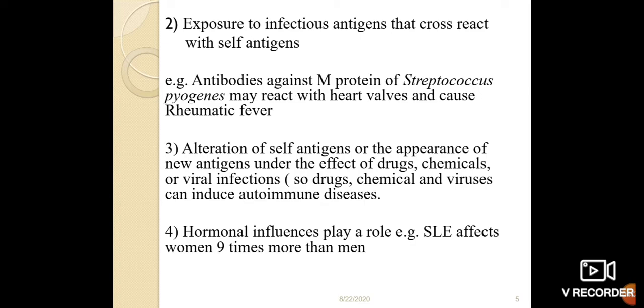This confuses the immune system and results in an attack by the immune system on its own self-antigen. For example, M protein is secreted by Streptococcus pyogenes, which causes septic sore throat, especially in children, and may react with the heart valve, causing rheumatic fever.